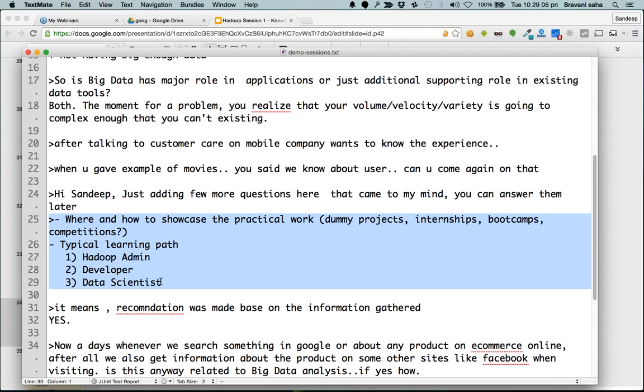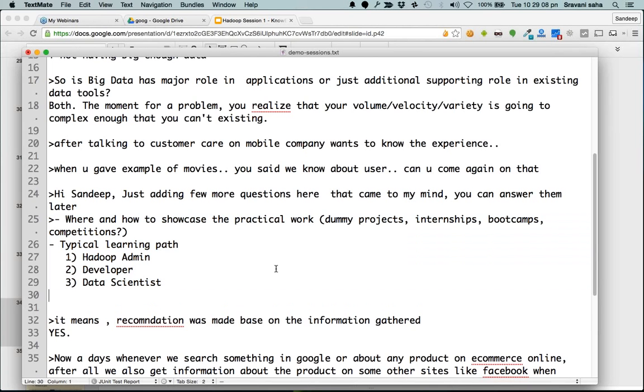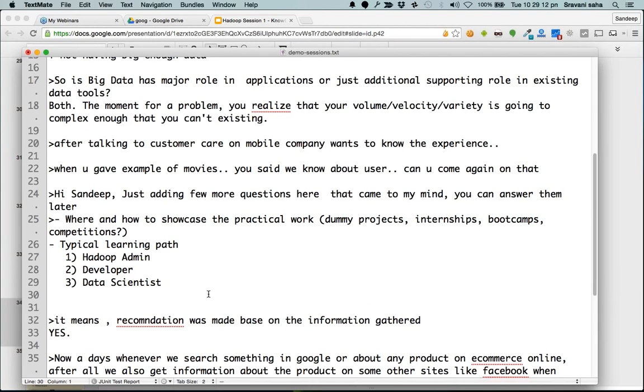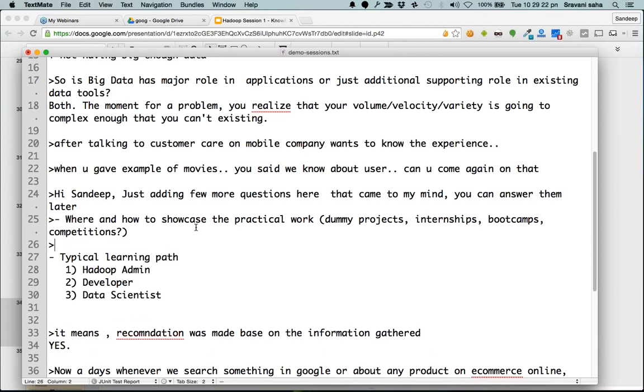There are a few more questions about the career. So let me take this particular question as of now. The question is where and how to showcase practical work, dummy projects, internships, boot camps, competitions, etc. There is some advice for you here.